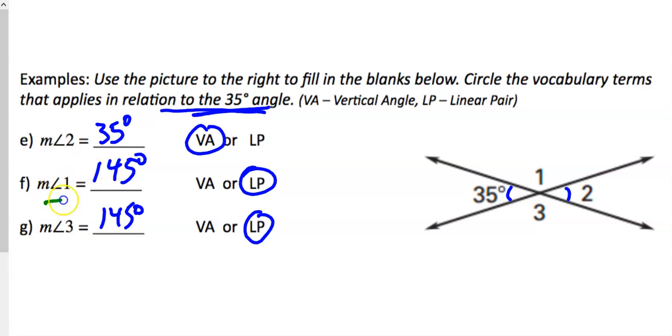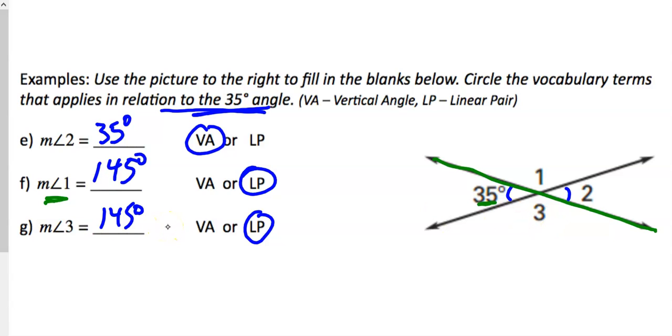Okay, so angle 1 in comparison to 35, that is next to it, so it's adjacent and supplementary. These two add up to this straight line here. So subtracting from 180, you get that to be 145. On the flip side, angle 3 compared to 135 is also adjacent next to it, and they form this straight angle, so again it would be a linear pair.